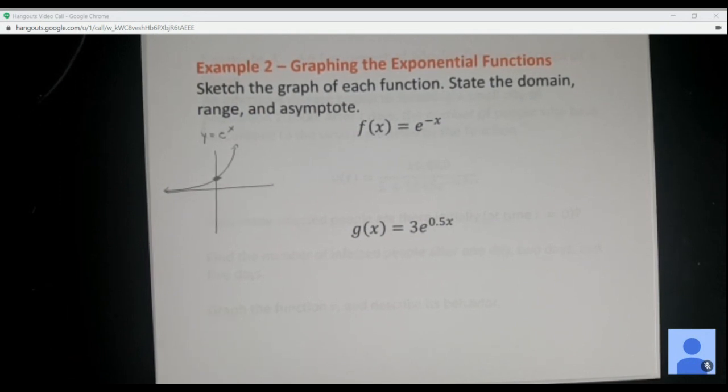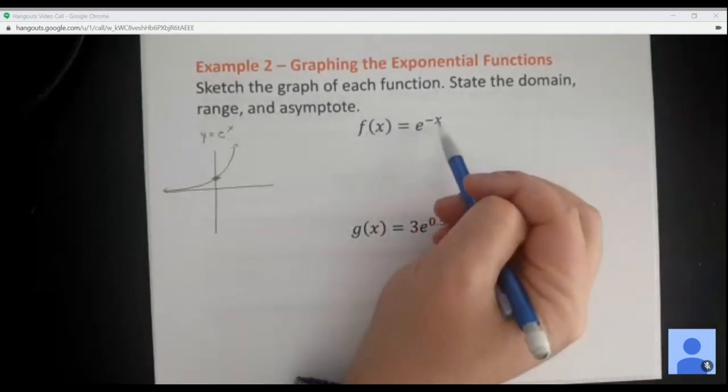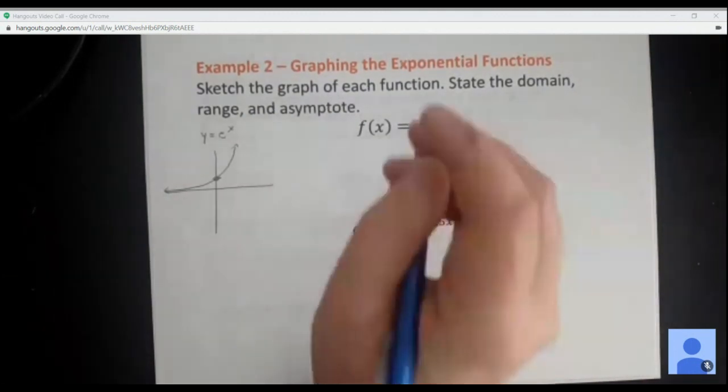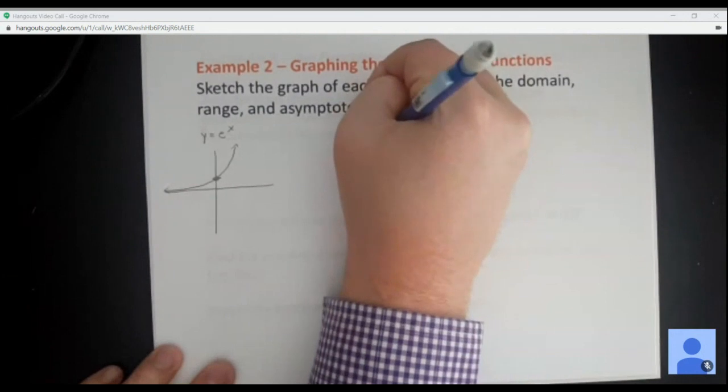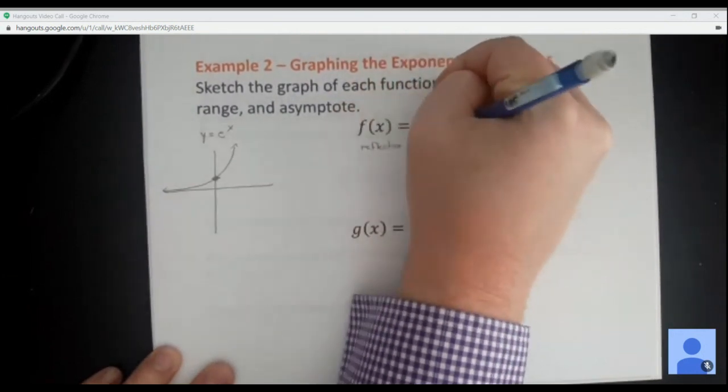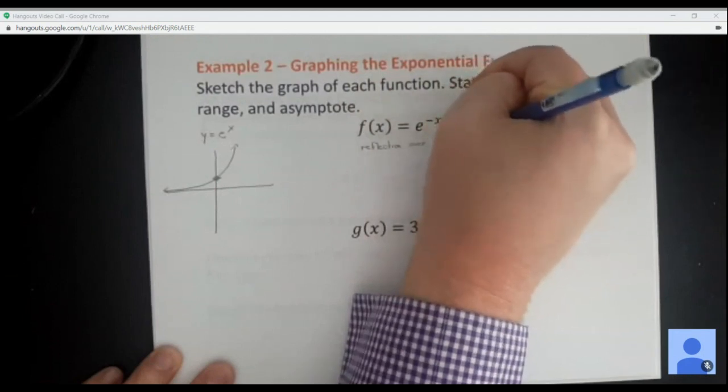And so now we just need to know, is it a reflection over the x-axis or a reflection over the y-axis? Since the negative is up here with the x this time, good. It's actually going to reflect it over the y-axis. Good. So we got reflection over y-axis.